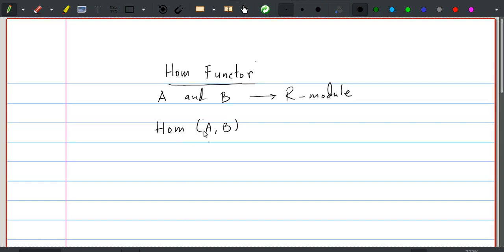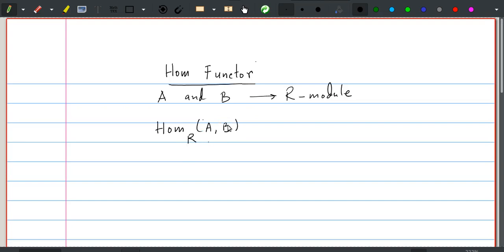This is a set of R module homomorphisms, so let us write down R here to make it clear that we are dealing with R module homomorphisms. Then this set has an R module structure.